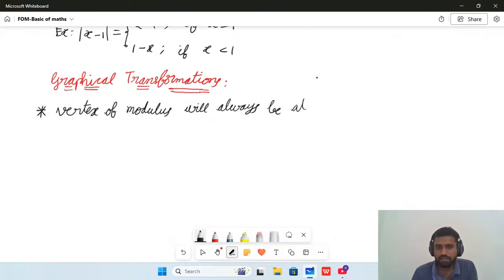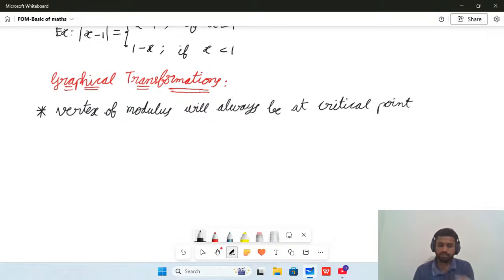So what is this critical point? Can anyone tell me in the chat box what is the critical point? What is the definition and what is meant by critical point?